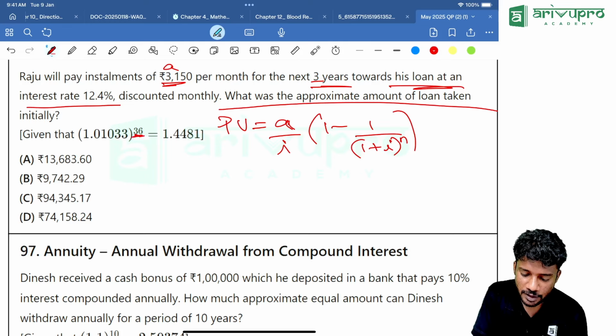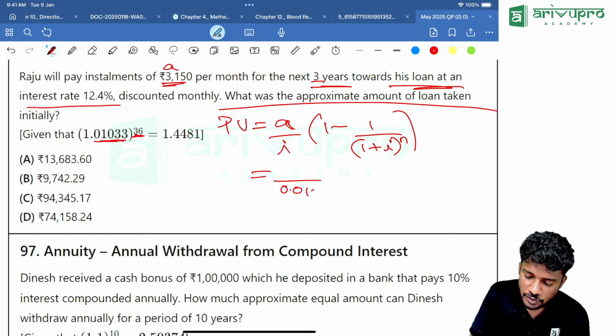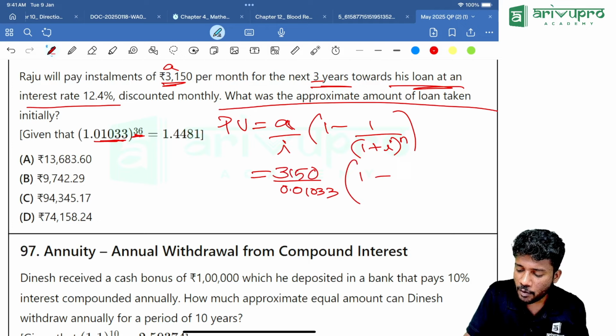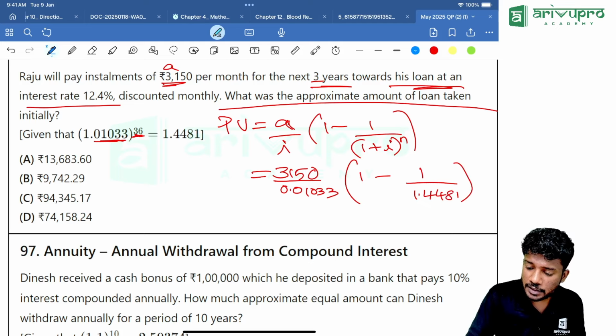Actually that is over here, right? Then I value is 0.01033. Then A value is already given, 3150 multiplied by 1 minus 1 divided by 1.4481. How will you do that in the calculator?